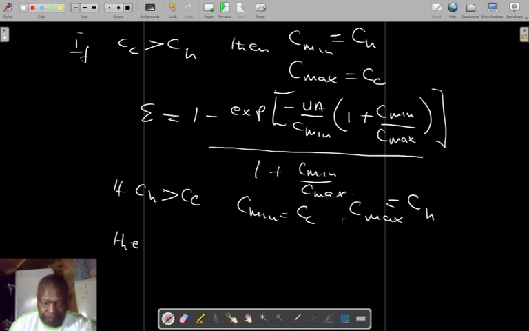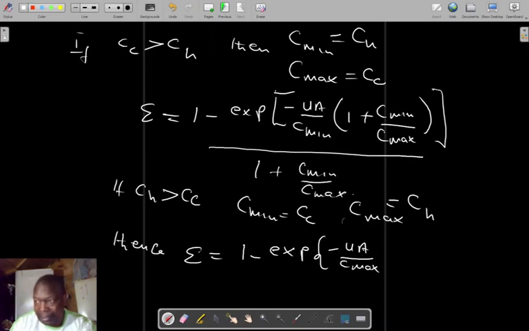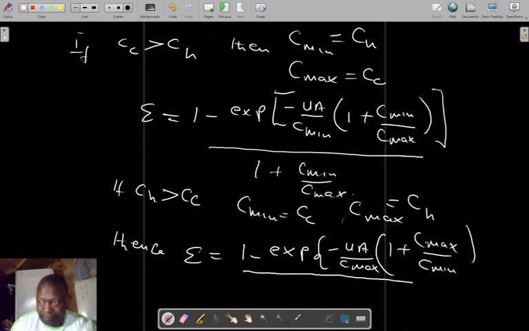And for that case, you'll have epsilon equal to 1 minus exponential into bracket -UA divided by C maximum (1 + C maximum over C minimum) over 1 + C minimum over C maximum.